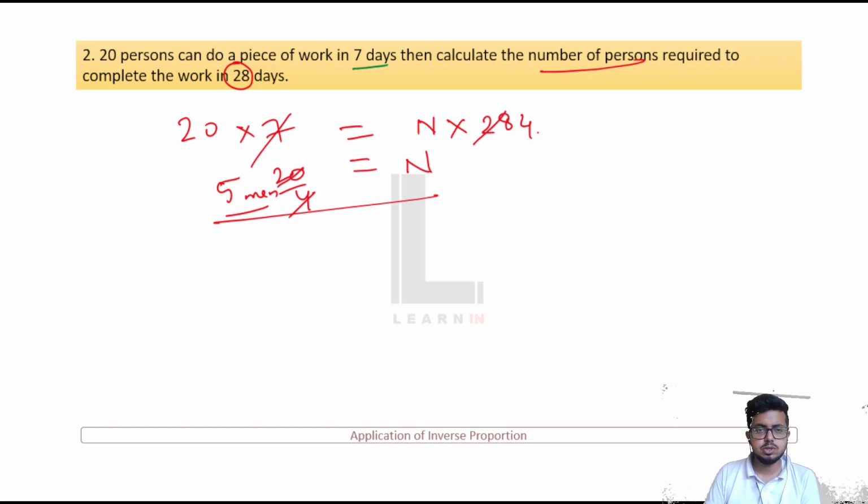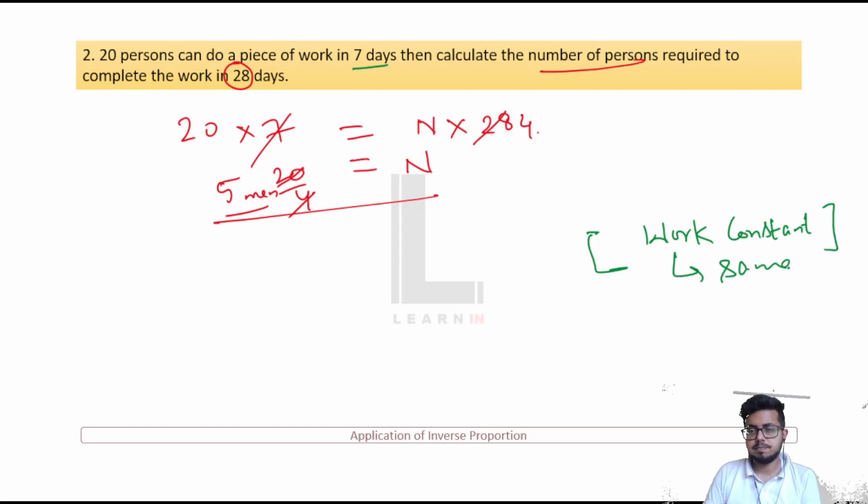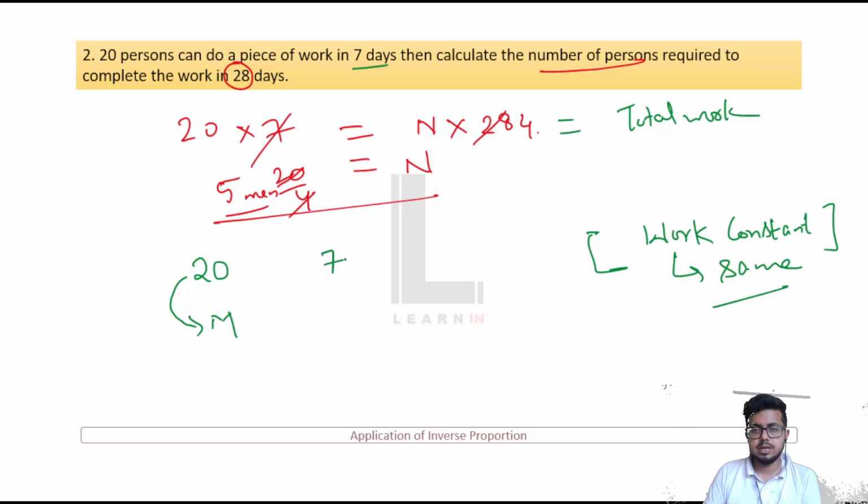Now let us move to the shortcut that we have learned. Whenever the work is constant, that means we need to do the same work in both the scenarios. That is why we have put it as total work equal. Let us put this in a diagrammatic form. We needed to find the final men. We had 7 days earlier and we have now 28 days.